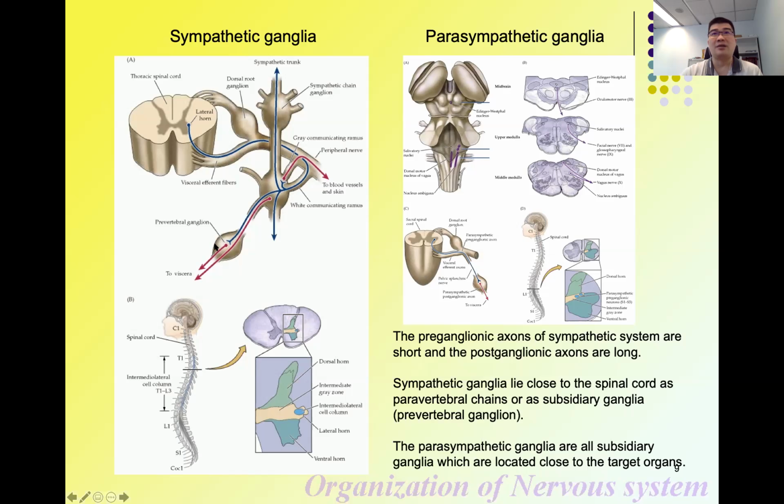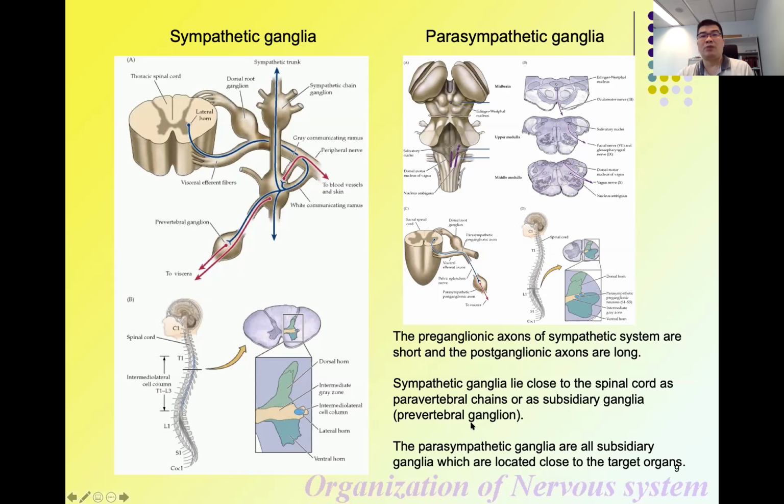They are far away, and those are called the subsidiary ganglia or prevertebral ganglia. So the naming seems very complicated, but it's actually not that complicated. Para means next to it. So that means those ganglia are next to the vertebrae.